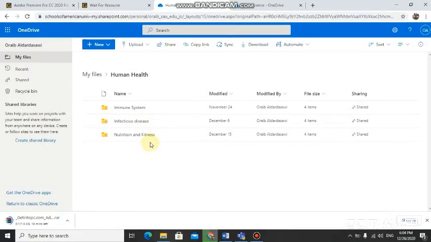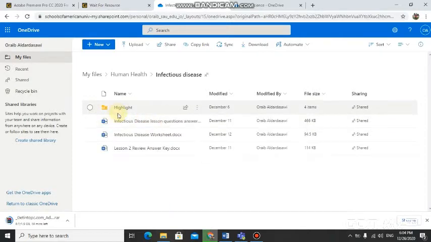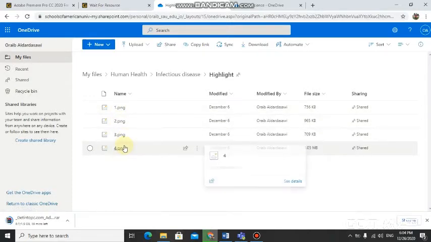Now for the second lesson, which is infectious disease. Starting with the definition of disease, a disease is a particular abnormal condition that negatively affects the structure or function of all or part of an organism.